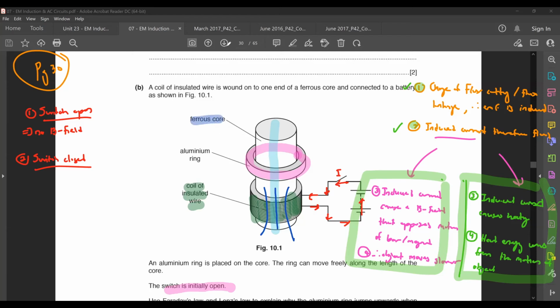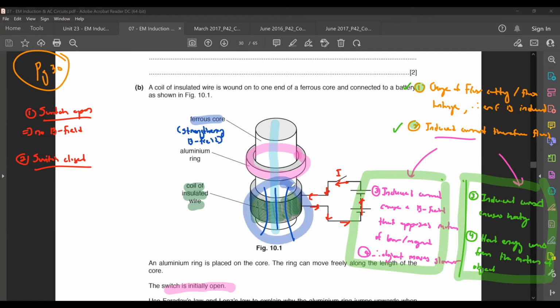So the iron ferrous core has the effect of strengthening the magnetic field. Wait, let me write this properly. It has the effect of strengthening the B field.